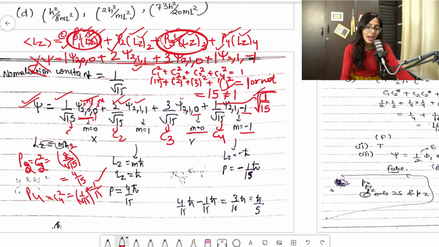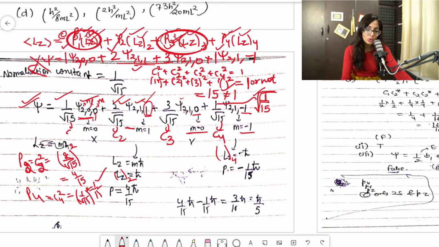So now let's calculate the LZ value. So LZ2, here it is LZ2 value, and here it is LZ4 value. Clear? So LZ2 value would be M H cut. Because this is the second state, LZ2 would be M H cut.